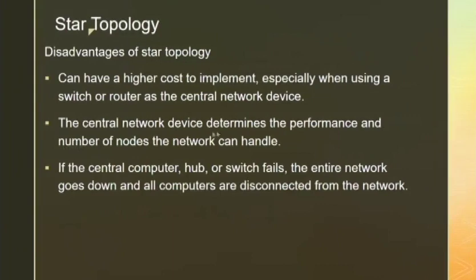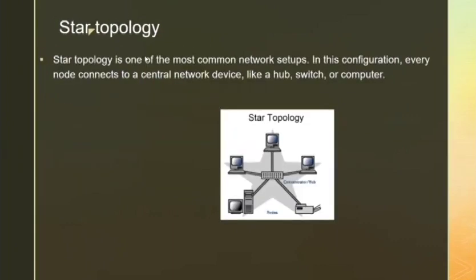The central network device determines the performance and the number of nodes the network can handle. That means here the only centralized device, the switch, has a limited number of computers connected.